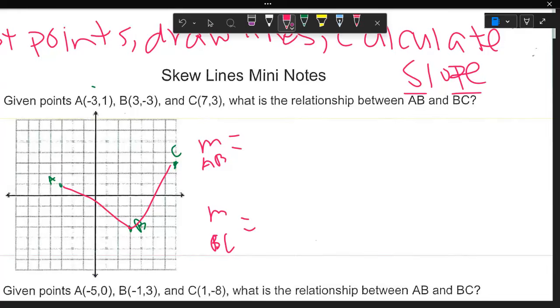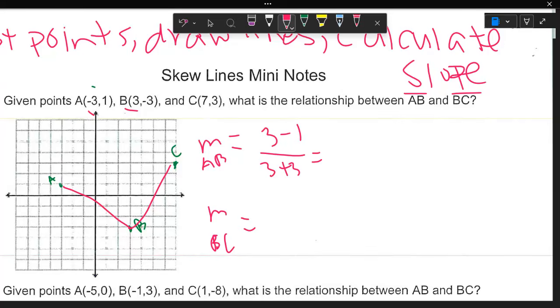Okay, so we got 3 plus 3, -3. Oh, I see what I'm doing wrong. Haha, I'm so tired. I'm sorry, guys. We got -3 minus 1 over 3 plus 3.